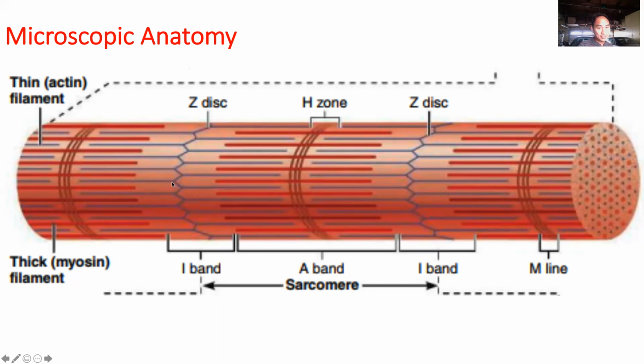From here, there will be another sarcomere on this side, and from here, another sarcomere on this side. So the outer boundaries of the sarcomere are Z. Z is the end. It's easy to remember. So we are going to look at what is happening in between two Z's.